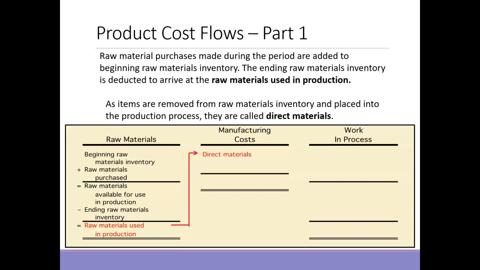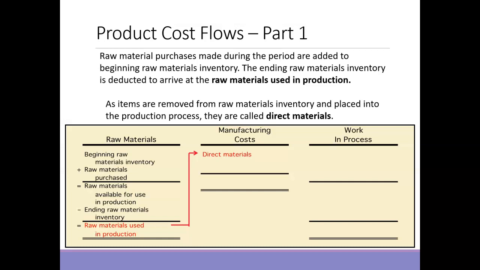We add the items purchased during the period to the raw materials account, and we come up with what's called raw materials available for production. That minus our ending balance of raw materials is what we basically transferred into work in process, right? So raw materials used in production is part of our manufacturing costs.